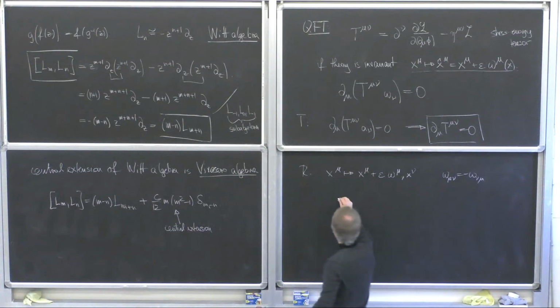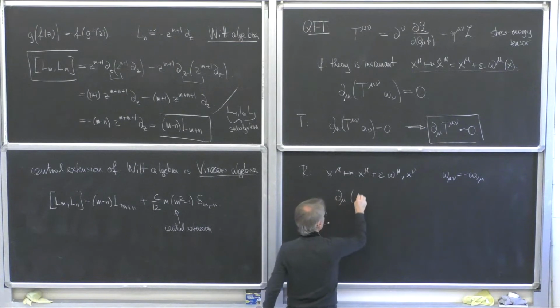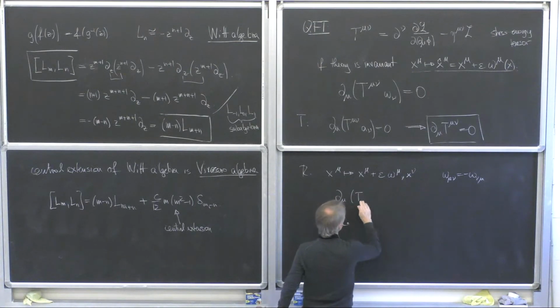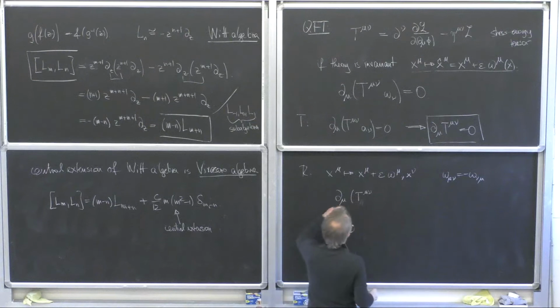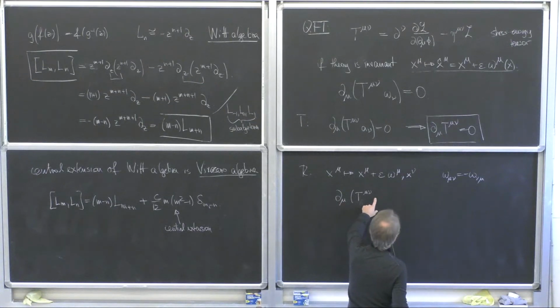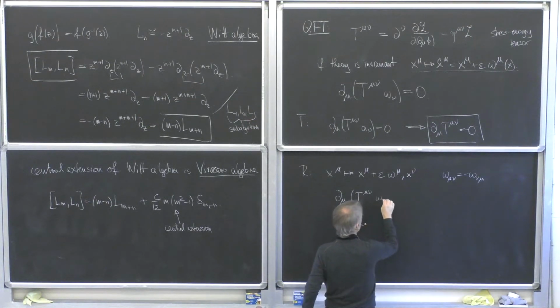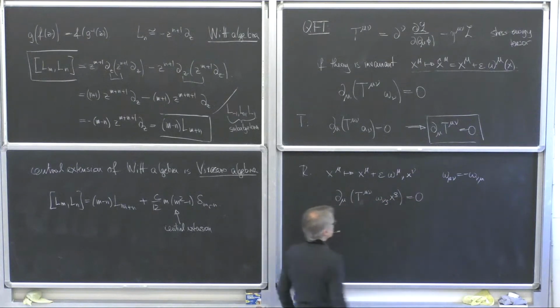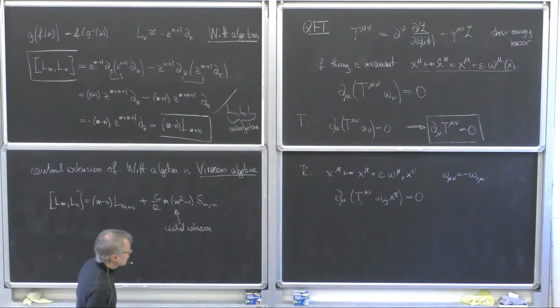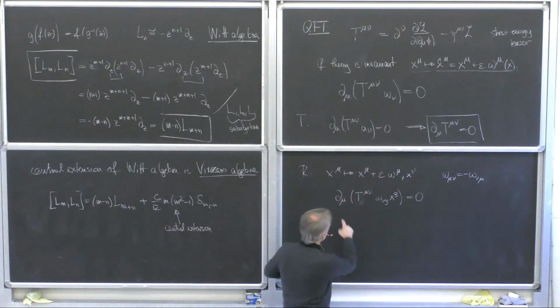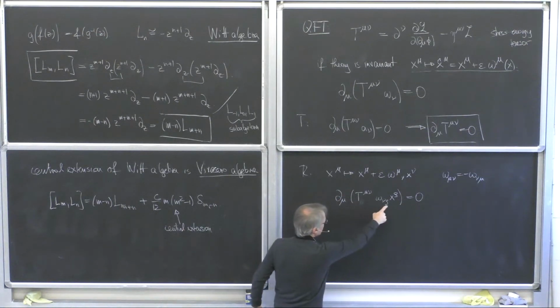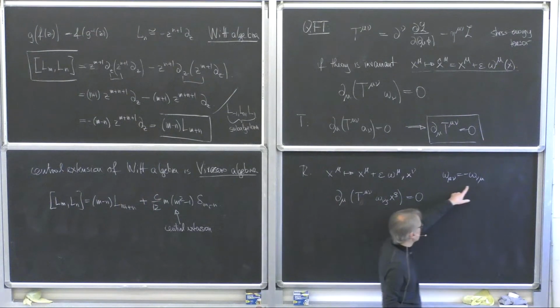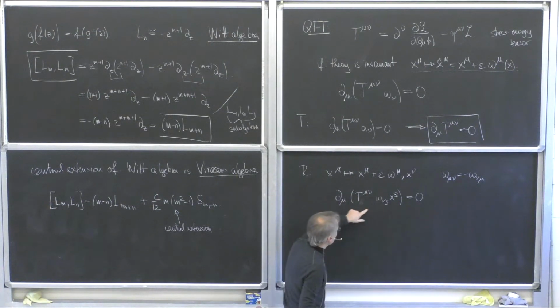So what this means is that ∂_μ T^μν, which I now have to contract with ω_νρ x^ρ, is 0. I know already that it's translation invariant, so ∂_μ T^μν is 0, and ω_νρ is a constant matrix to first order, but it's antisymmetric.